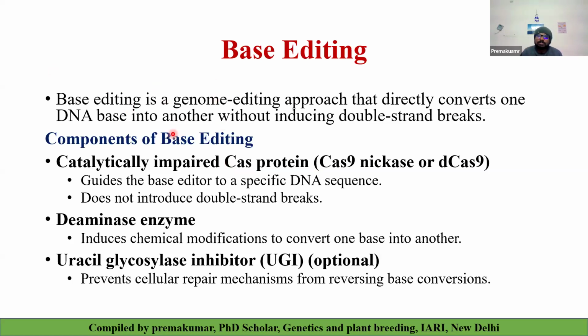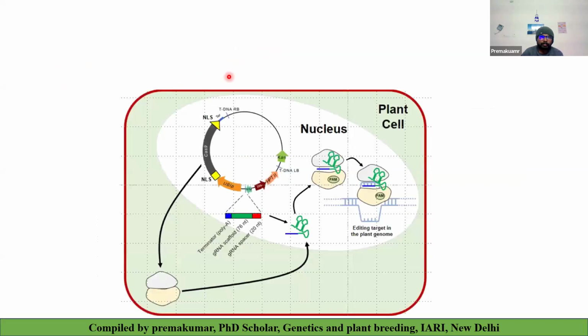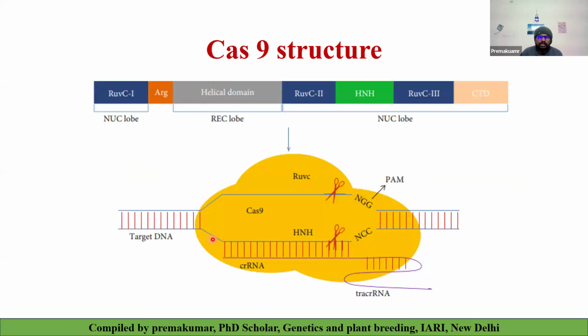We discussed what CRISPR-Cas9 based editing is. Scientists thought that, looking at the Cas9 structure, it is a protein, so we can modify this protein and use it for multiple purposes.